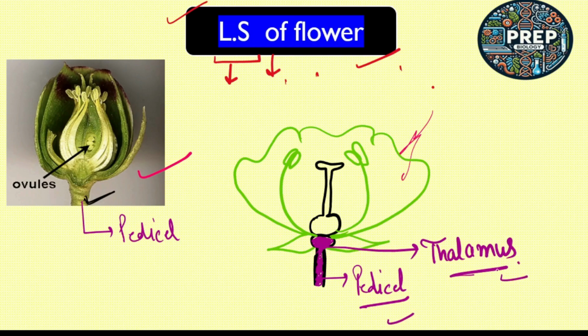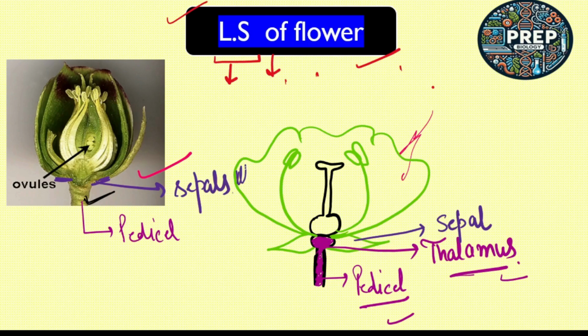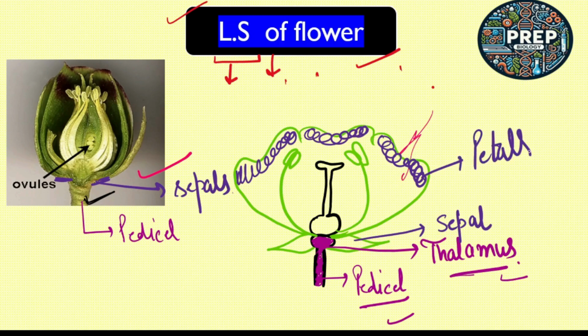Pedicel and the thalamus. Along with the thalamus, the small leafy structures are called the sepals. And the colored part of the flower, these are called the petals. Is it clear?